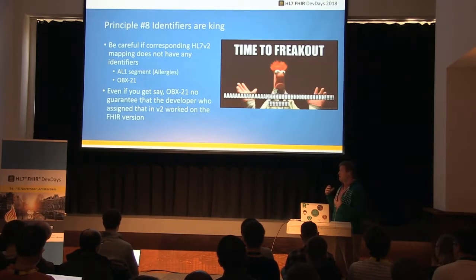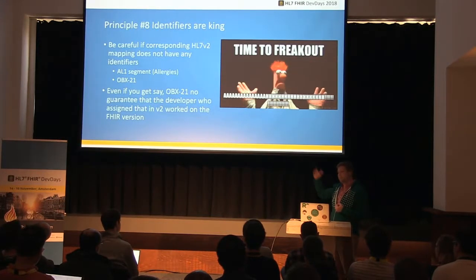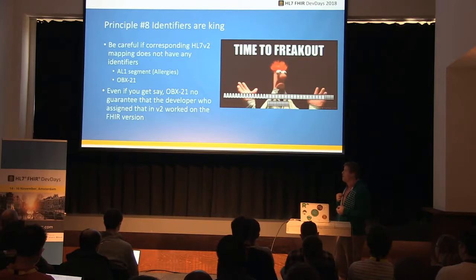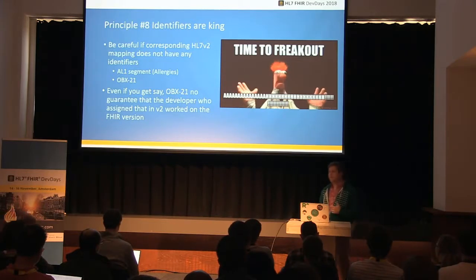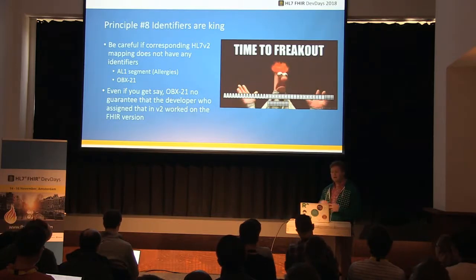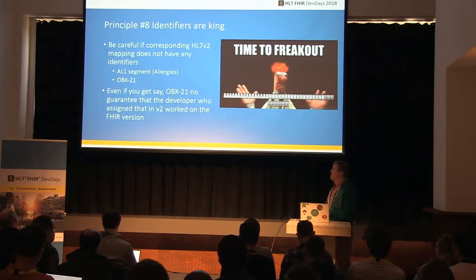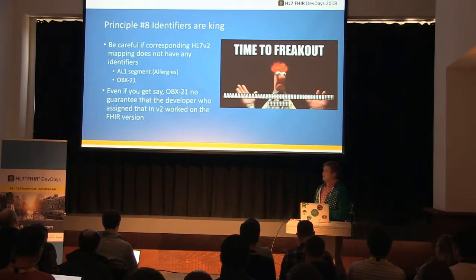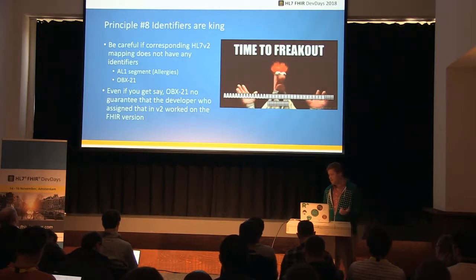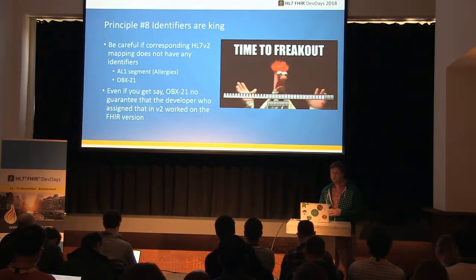In most practical aspects, this would map to something like a logical ID or a business identifier, and you could reconstruct and do a crosswalk between FHIR and V2. But I have really yet to see one of these in the real world. So getting that data is a challenge.